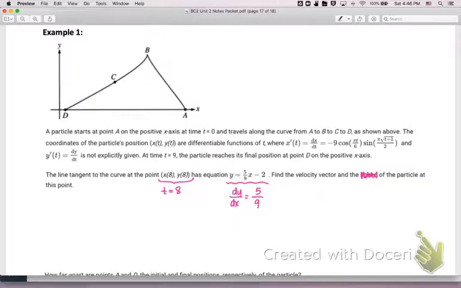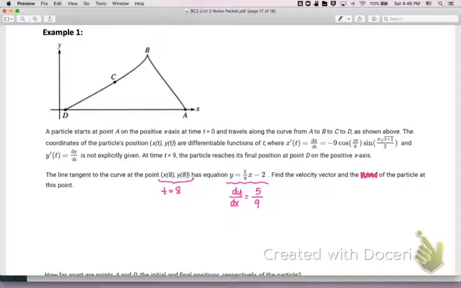Okay? So that is the first thing that we know. Now, we also know that we want to find dy dx at t equals 8.